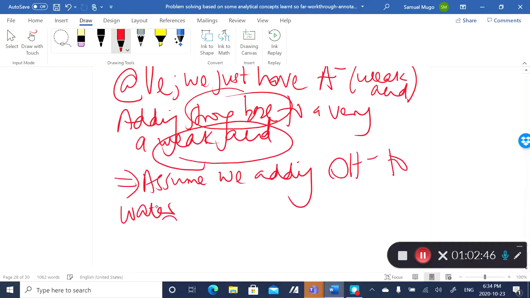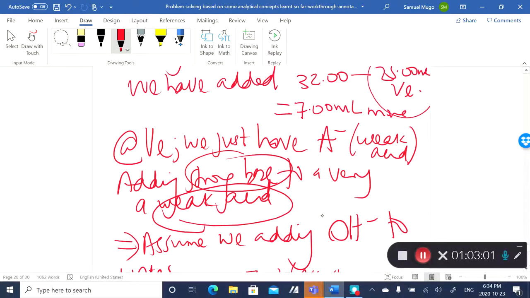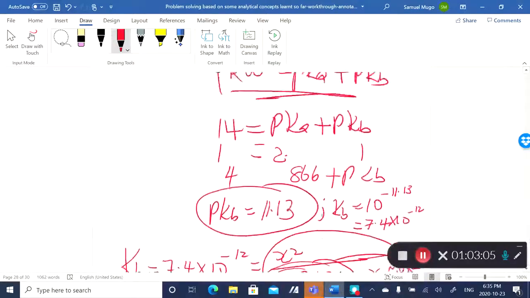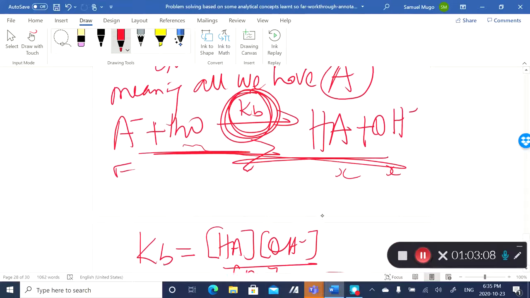Okay. And so the concentration of the OH that we are adding is this: 7 mil is what we've added in excess after we got the water. And I hope that's fairly straightforward, because you can see in our problem here the titration reaction.